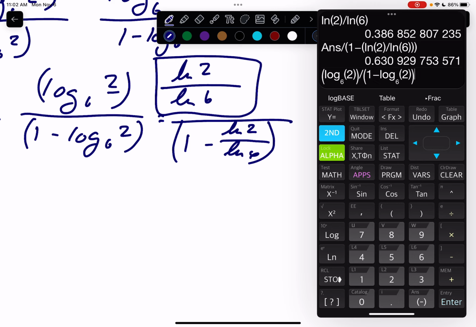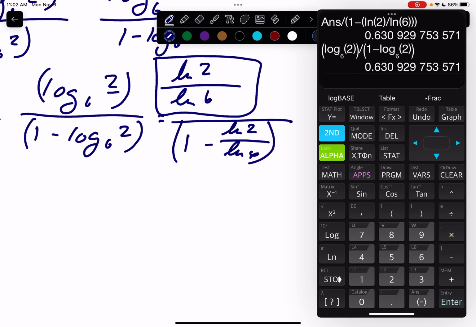Put that in parentheses. So I get the same number. The trick is being able to put that in the calculator. So this is in one set of parentheses, and then this is one set of parentheses when I type it in.